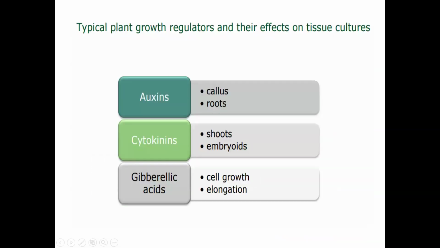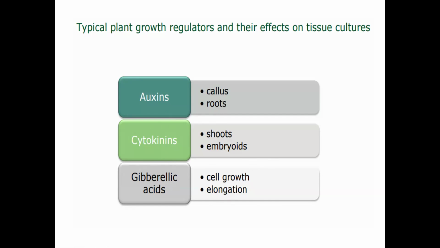I mentioned the typical plant growth regulators used in tissue culture: auxin, cytokinins, gibberellic acids. What does auxin do? Auxin induces callus formation and also root formation, rhizogenesis, callogenesis, and so on. Cytokinin induces shoot formation or embryo development. Gibberellic acid promotes cell growth and elongation.